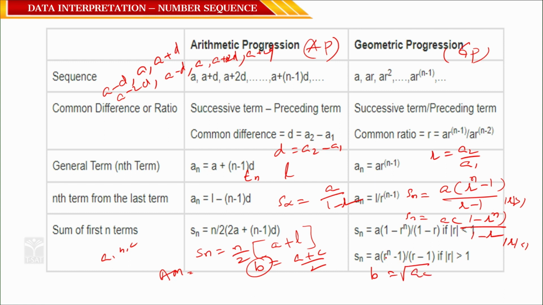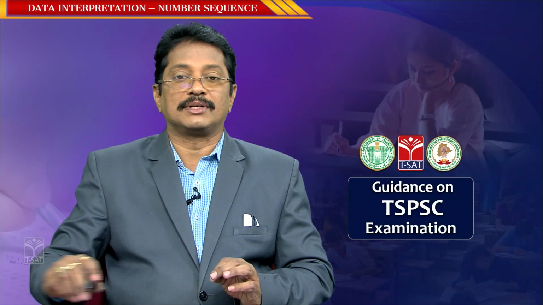If there are n quantities, the arithmetic mean is a1 plus a2 plus a3 and so on up to an, by n. This is arithmetic mean, and the geometric mean is the nth root of a1 a2 a3 up to an. Clear?